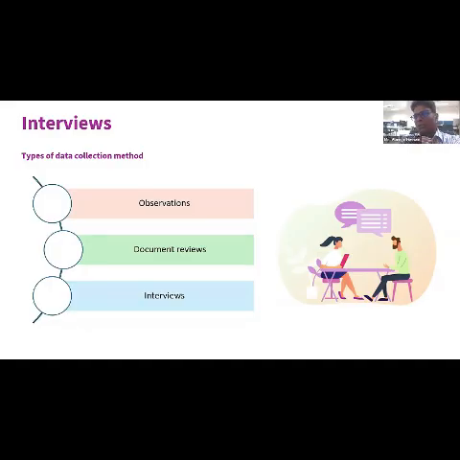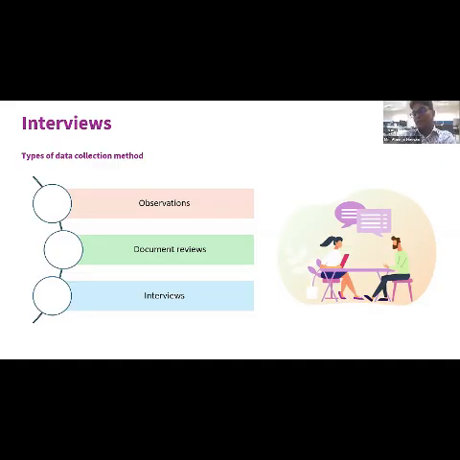But as a whole, observation is also a method. It's like I am observing someone to understand their behavior, or the human behavior. And sometimes we use document review, such as reports, journal articles, books, and lots of things we can use.